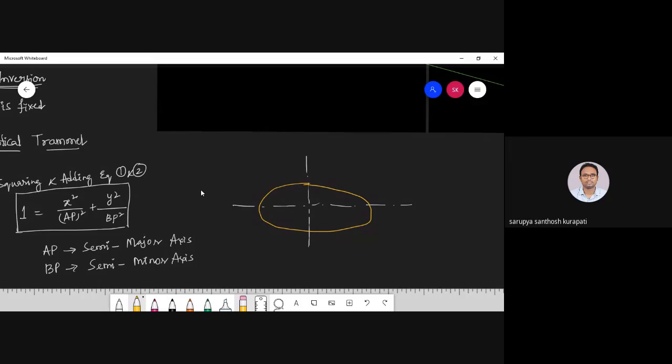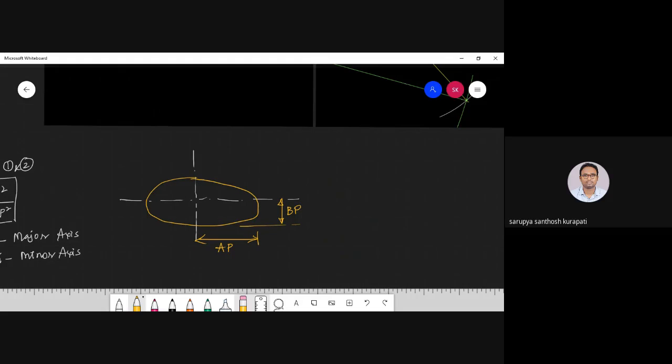This shape is an ellipse, this is AP, the semi major axis, and this is BP, the semi minor axis. Similarly, the ellipse orientation may be like this also.